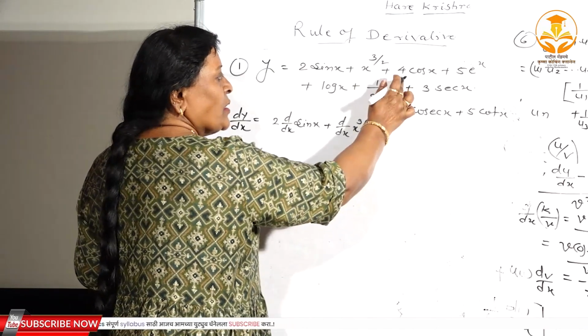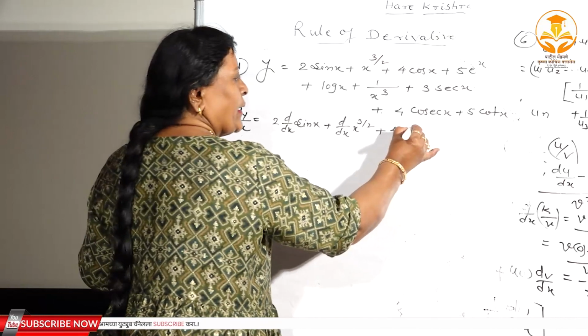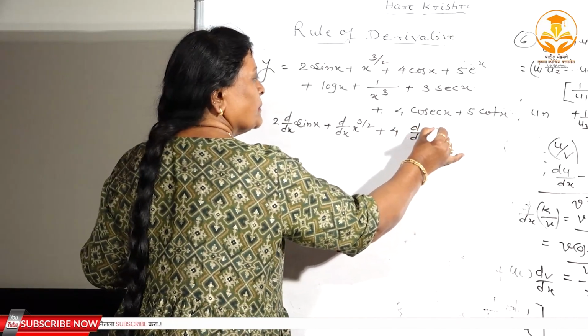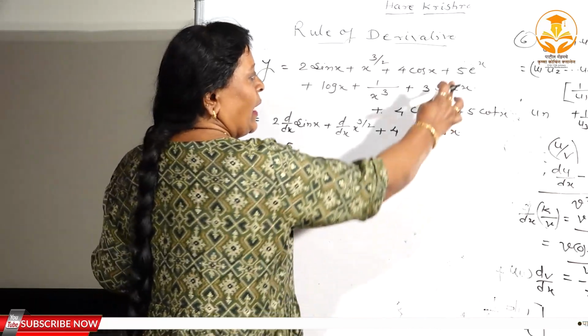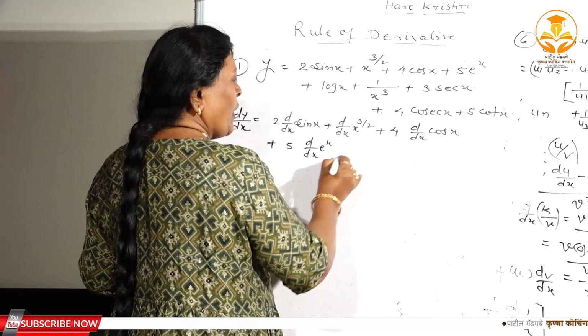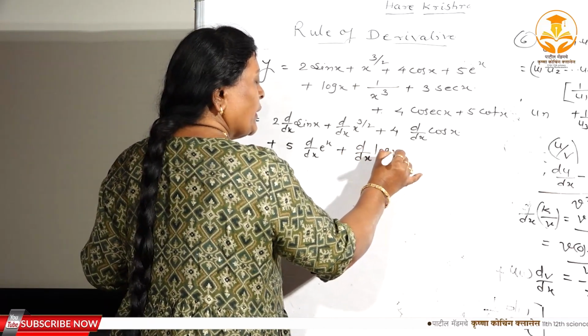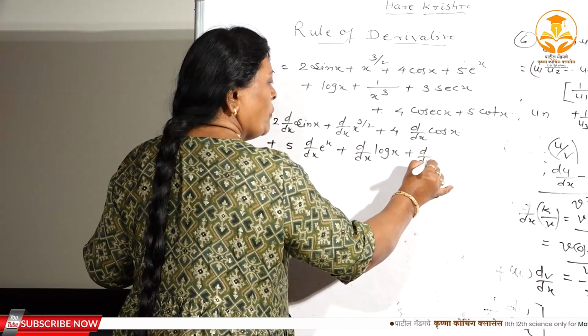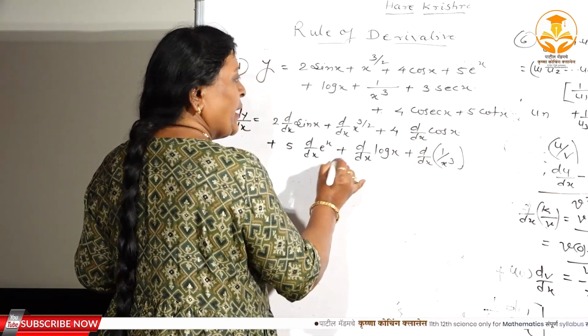Again, when the constant is multiplied to the function, constant remains as it is, take d/dx of cos x. Right? Plus 5 remains as it is. Again, take d/dx of e raised to x. Again, d/dx of log x. d/dx of 1 upon x to the power 3. Again, 3 remains as it is.